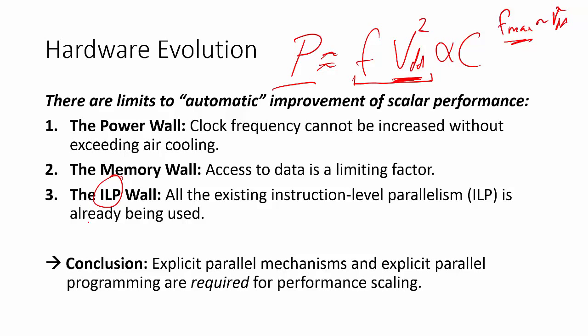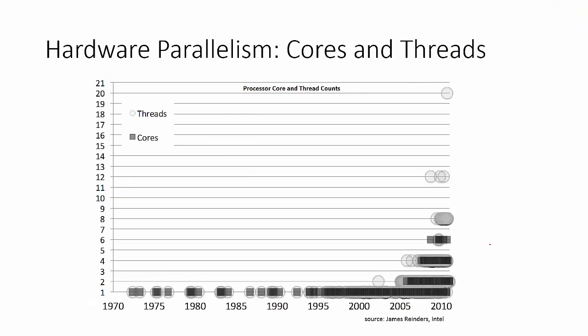Basically, all the ILP that was available in the programs was used, and the only way to get more ILP would be to rethink the whole programming model totally, and nobody really wanted to do that. So the conclusion here is that automatic improvement of single-threaded performance had to stop, and the only way to get performance scaling is to have explicit parallel mechanisms and explicit parallel programming. And this is more or less what this course is about.